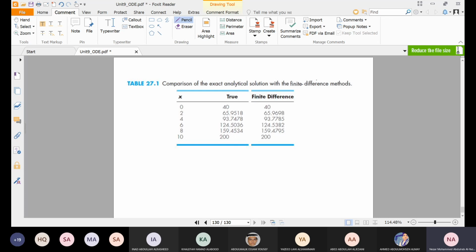Then we have 65.95 as the true value, and using the approximation we have 65.9698. So the error is very small. When we have x equal 4, the error is also very, very small.